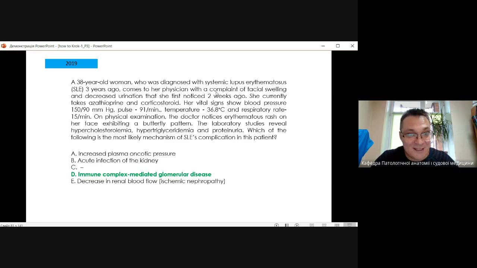Question about the SLE, systemic lupus erythematosus, and immune complex mediated glomerular disease, which lays in the basement of the lupus nephritis. It's quite easy. Again, the butterfly pattern. You just should know that SLE, the lupus erythematosus, is associated with the immune complex mediated hypersensitivity.